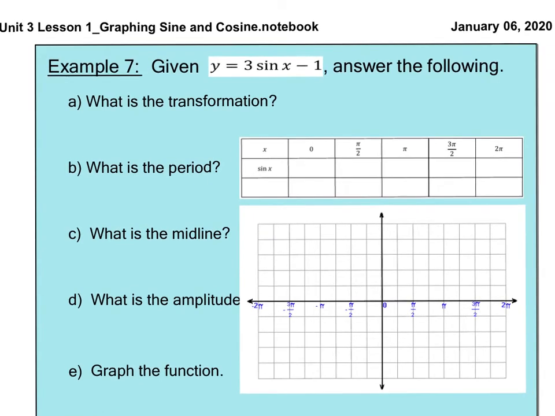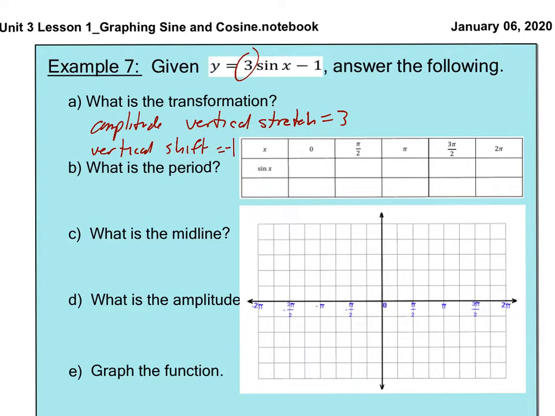So now what happens if I put the -1 at the end? The answer is not a whole lot changes. So 3 means my amplitude or my vertical stretch is going to be 3, and it's going to be a vertical shift of -1.